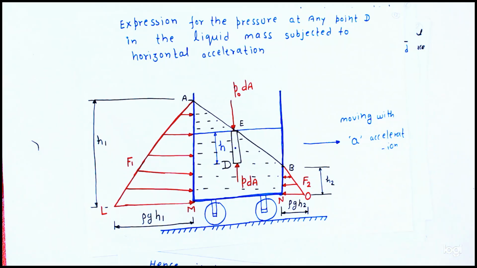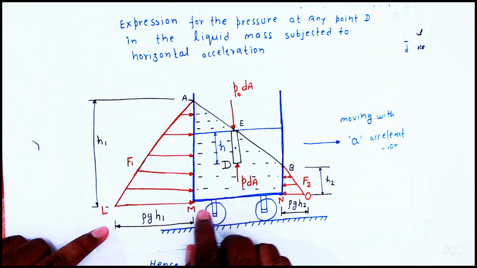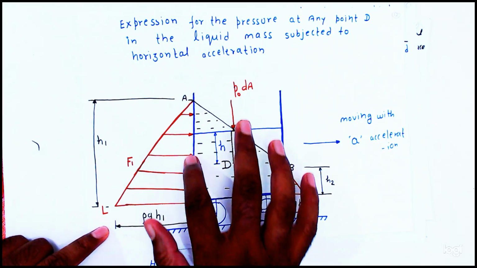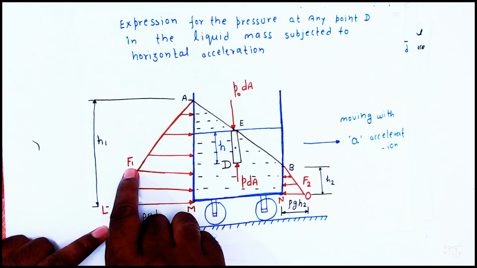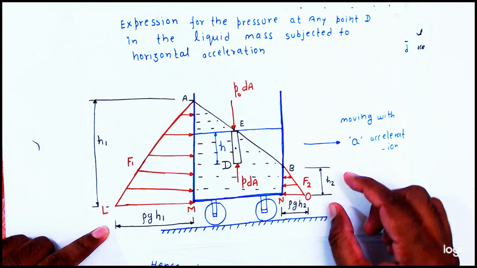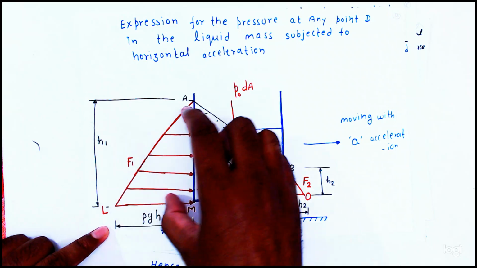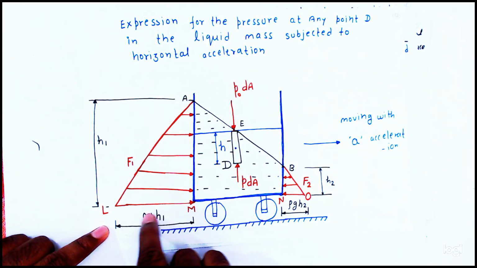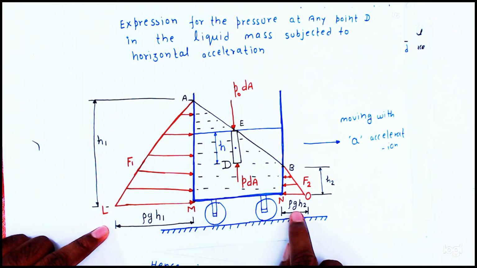Now the same thing is there in this diagram. This is the pressure forces. Here force F1 is working and here force F2 is working. This height is S2 and here this height is S1. Here the pressure force is working rho g h1, rho g S2.